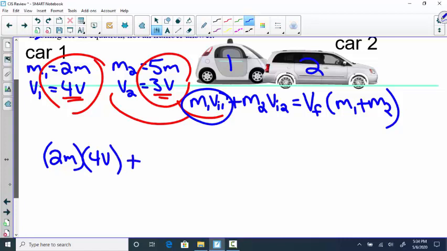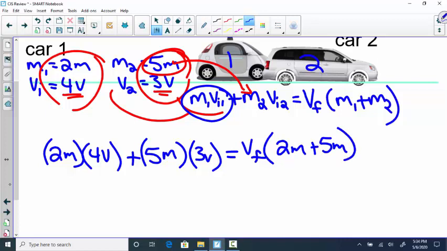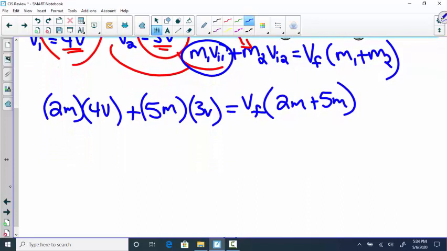Plus, right here, m2 is 5m, so 5m, times v2, which is 3v. And that's going to equal v final times m1, which is 2m, plus 5m. So this is just a useful way of trying to get around numbers and getting to look at variables.